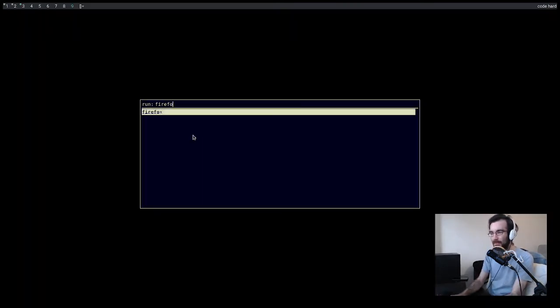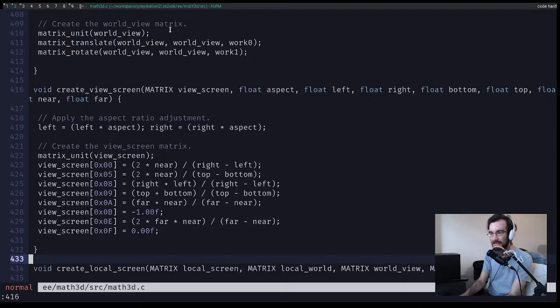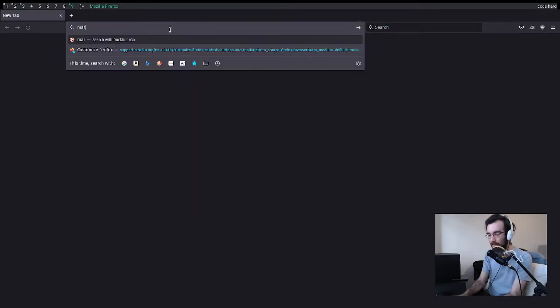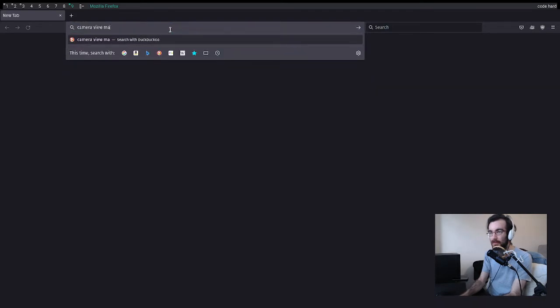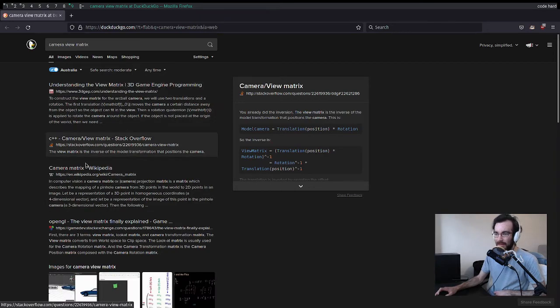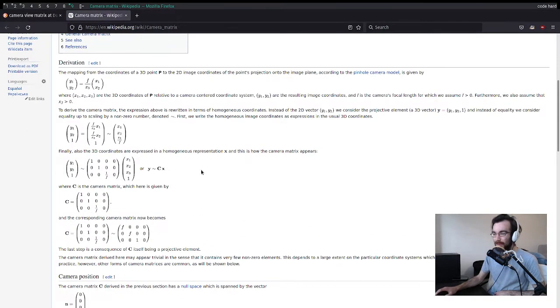Let's go to our good friend Wikipedia. And what is this one? This is the view matrix. Camera view matrix. Wikipedia actually has some really good visualizations and explanations of this.